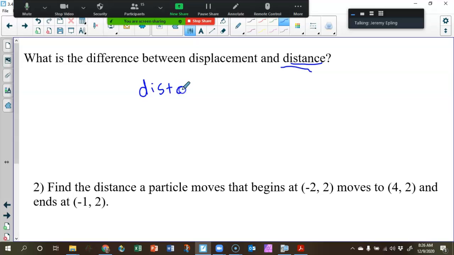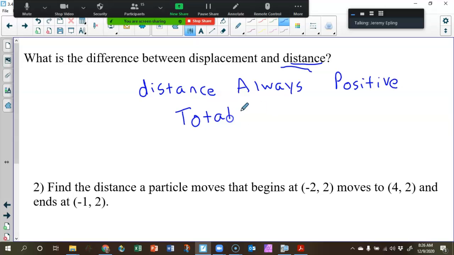That's important. Displacement is not. Distance is how far did you move total, the total amount of movement.